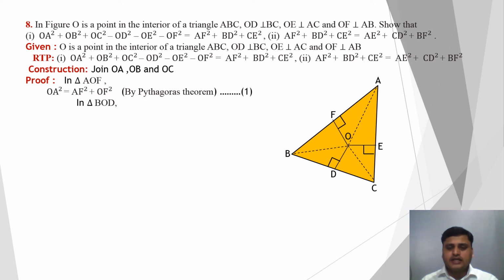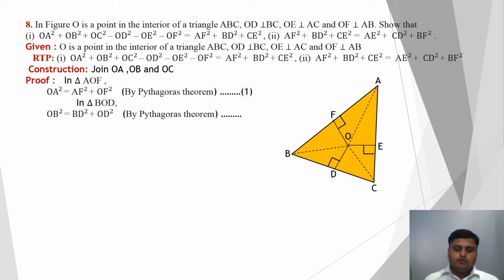Now we will take triangle BOD, and again we use Pythagoras theorem, that is OB square is equal to BD square plus OD square. Same reason, by Pythagoras theorem, and we will assume this one as equation number 2.